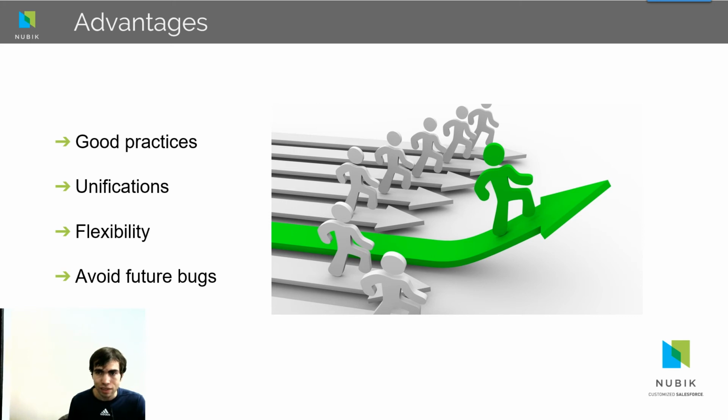Unification, since if you are working with a team, all of them will need to follow those good practices. So at the end, the code is going to be, let's say, similar in that sense. Flexibility in the sense that you will be able to change your rule set. So for example, let's say that there is a rule that you don't want to apply. In that case, you can just disable that rule and run the other ones.